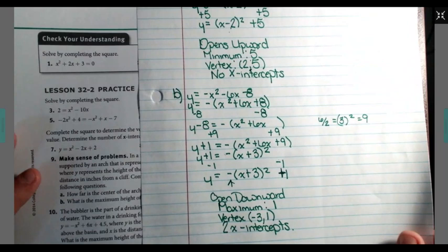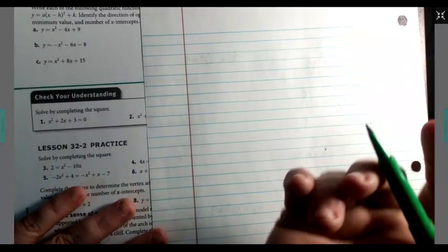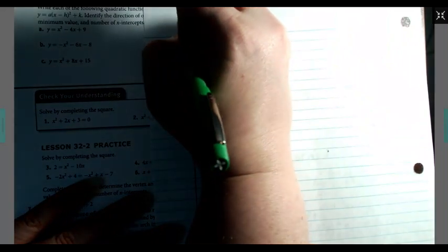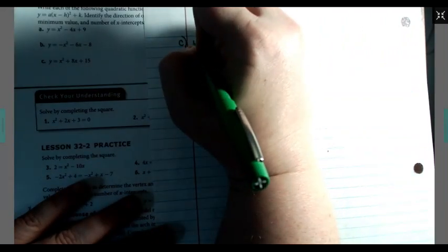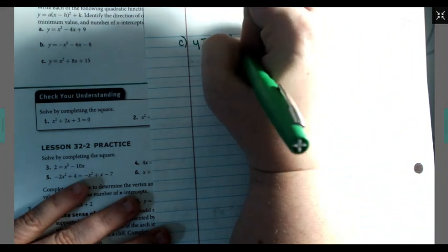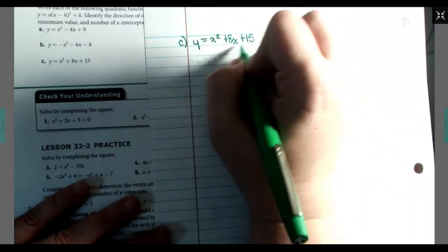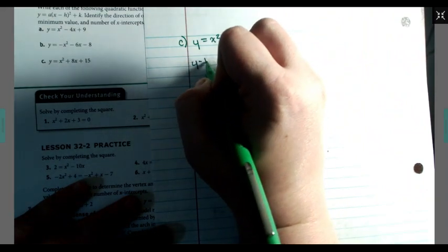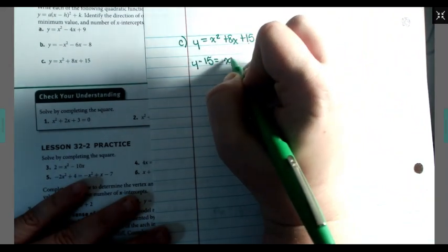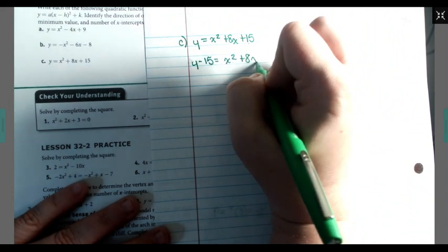All right, I'm going to have to flip the paper over to do question C. Question C states y equals x squared plus 8x plus 15. So we move our constant first. So y minus 15 equals x squared plus 8x.